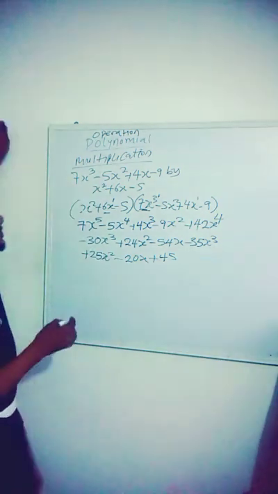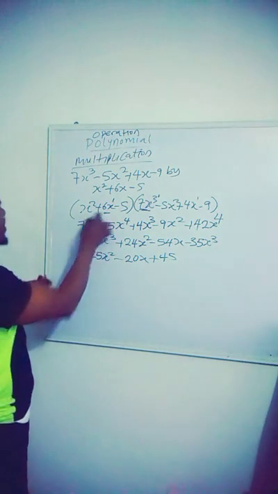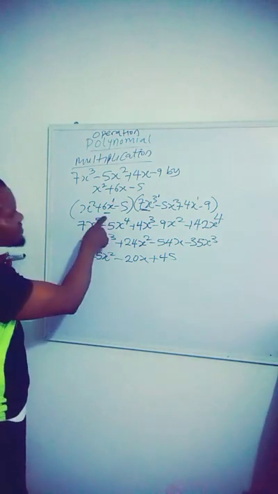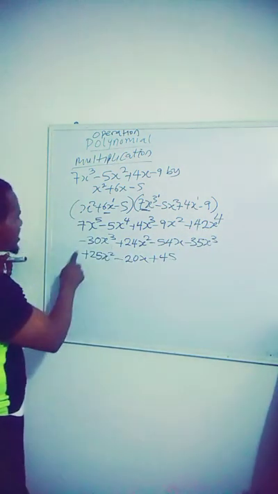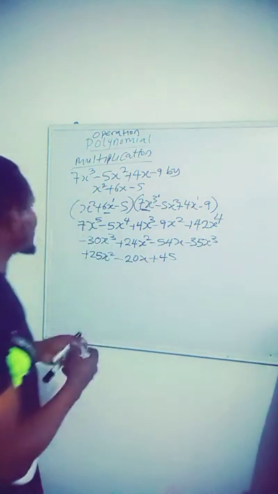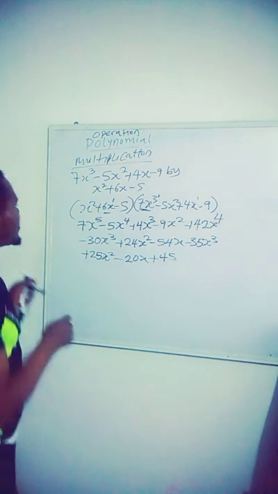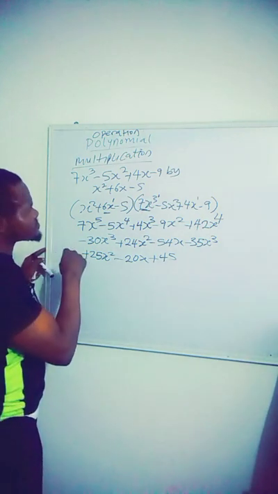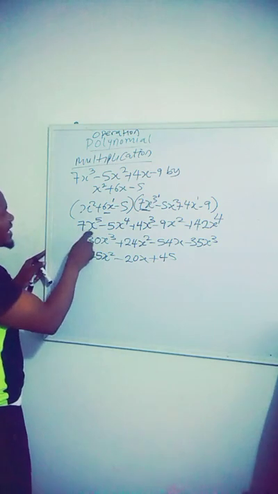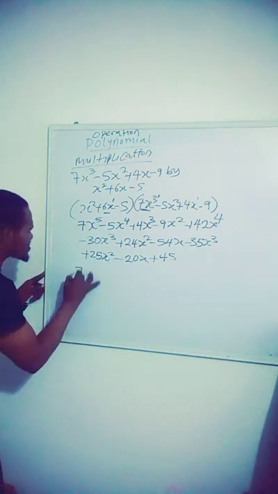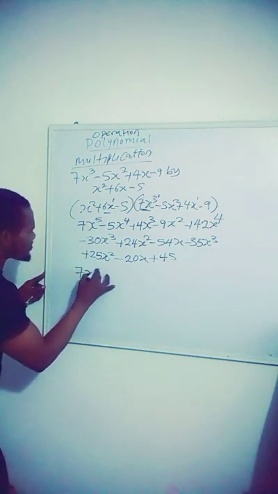Now let's add. This is 7x raised to power 5. We do not have any other variable that is x raised to power 5. So we are having 7x raised to power 5.